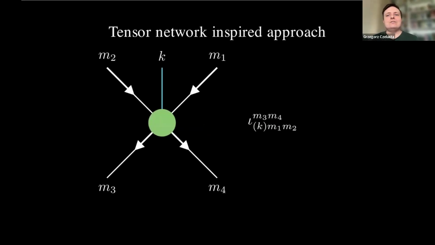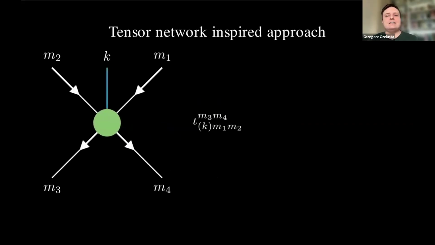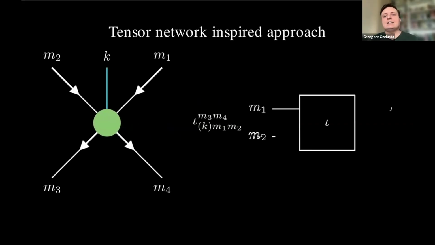And this orientation corresponds to whether an index appears in upper or lower position in the Wigner-Eckart tensor. So we can think of the vertex tensor as having incoming and outgoing links, and this extra link corresponding to the internal degree of freedom.